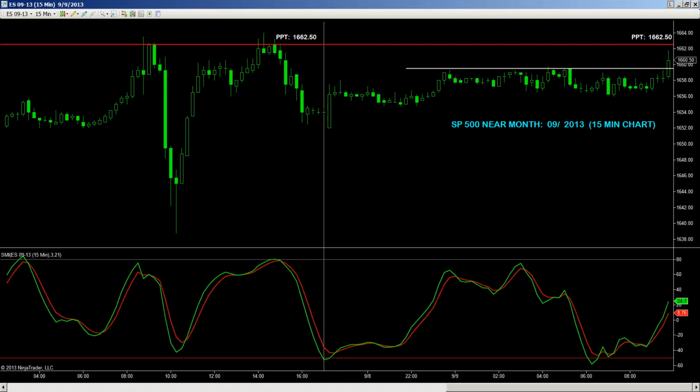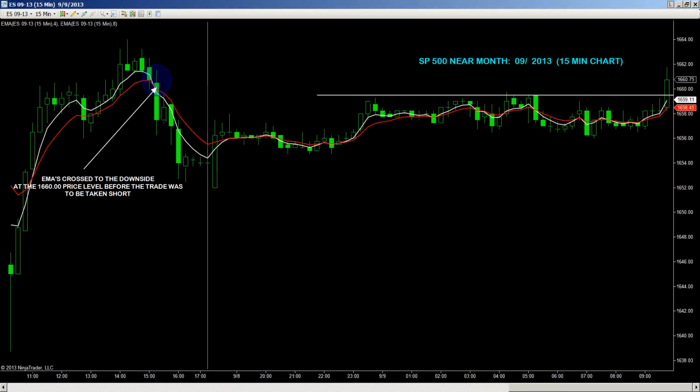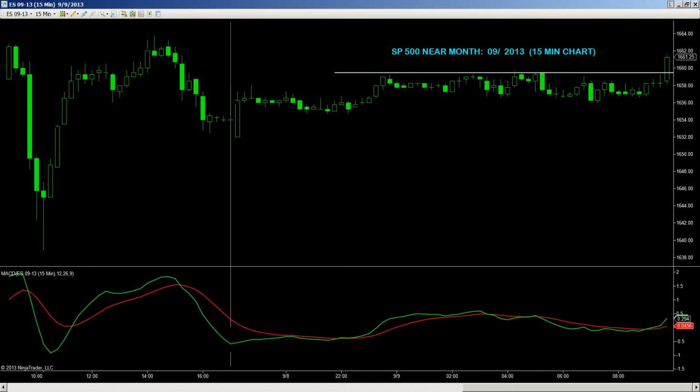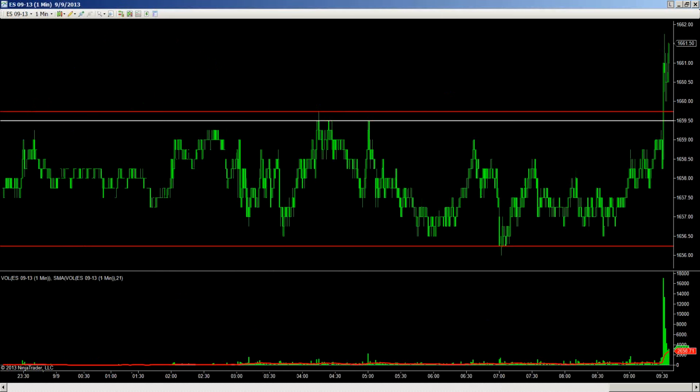Time is now 9:35 a.m. Eastern Standard. Positive money flow index on the 15-minute chart, real-time mark to the market price is trading 1661.25. Stable. Momentum is to the upside.